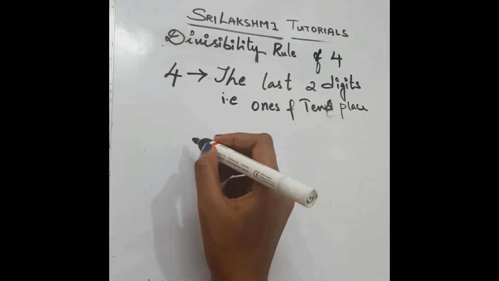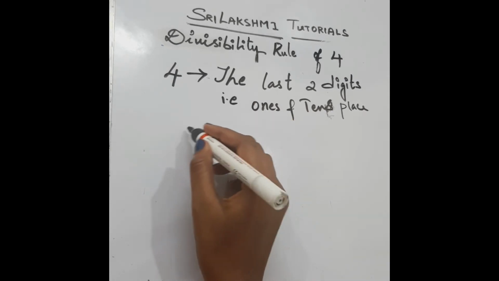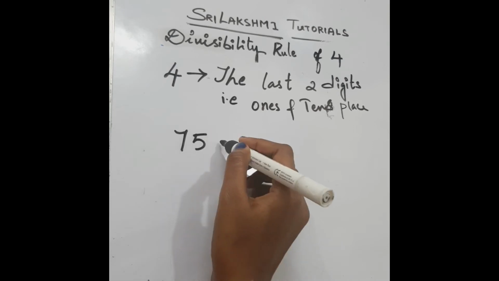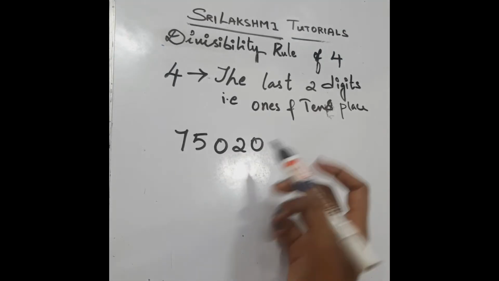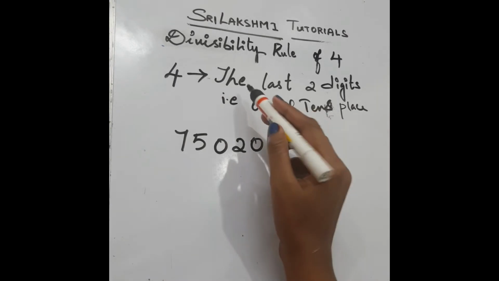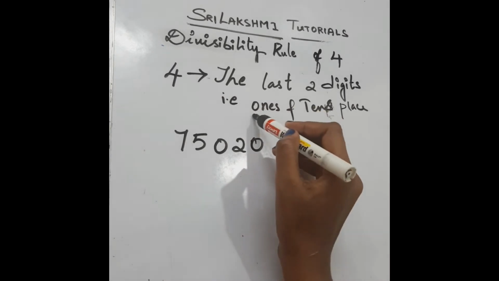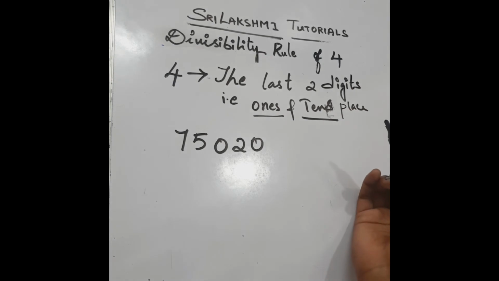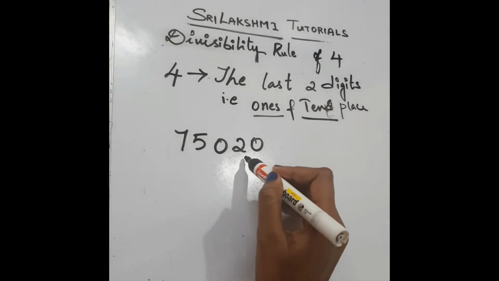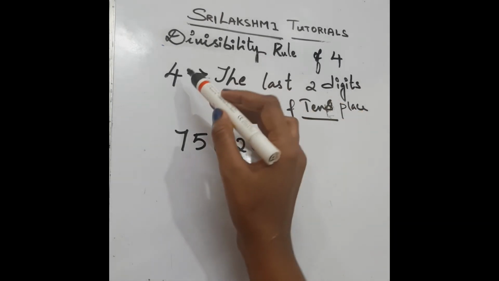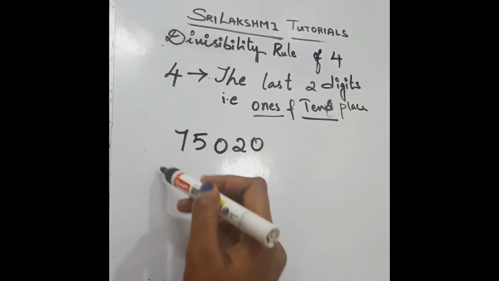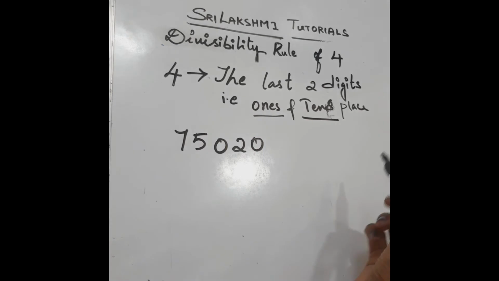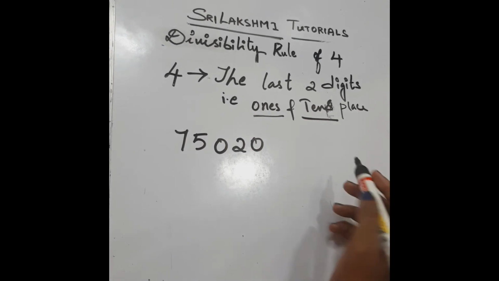Let us check with a number. Suppose the number is 75020. The ones place and tens place should be divisible by 4, or should be a multiple of 4.